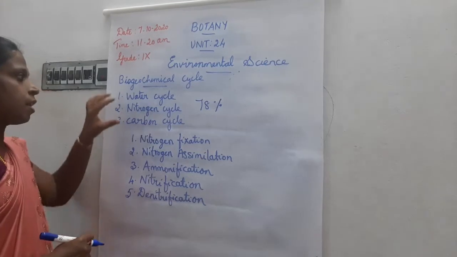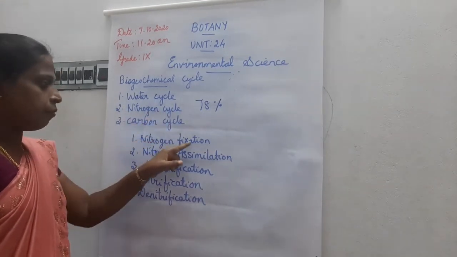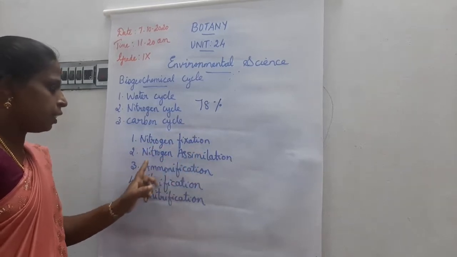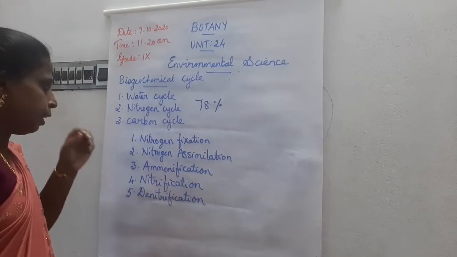So the processes involved in the nitrogen cycle are nitrogen fixation, nitrogen assimilation, ammonification, nitrification and denitrification.